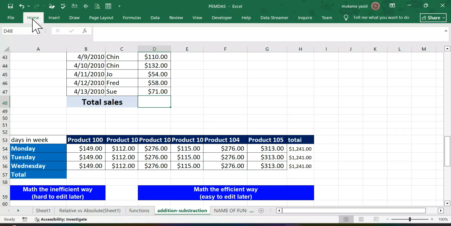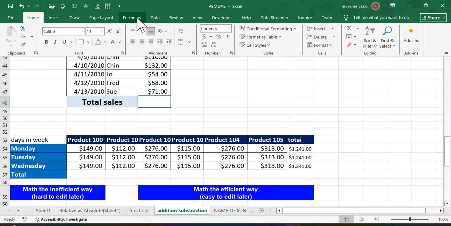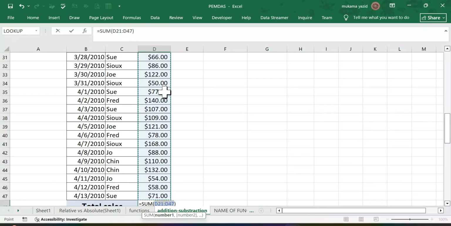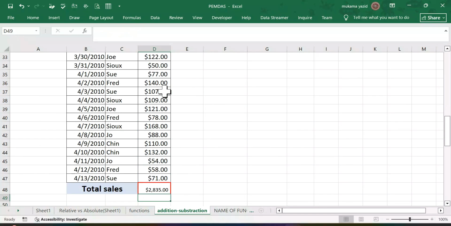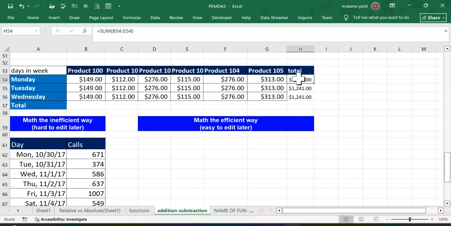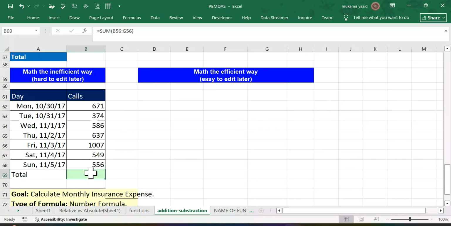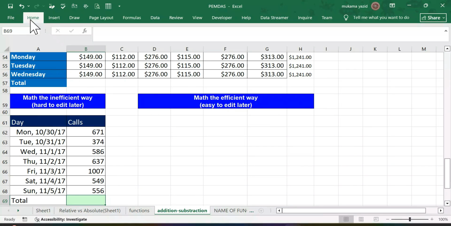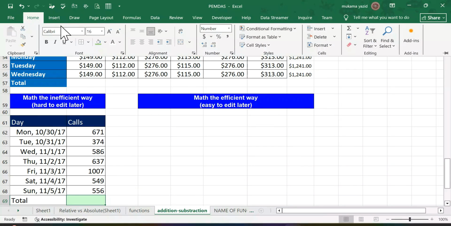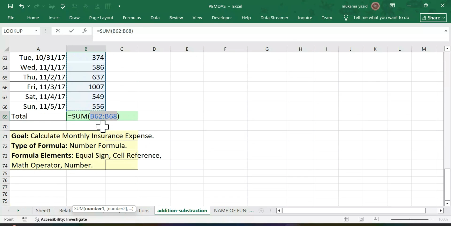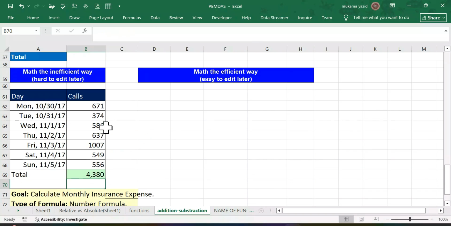Just come here, auto sum, it will select the correct choice, then press enter. The answer will be there. Here I think the same thing, you can use sum to get the answer because they wanted the total. Auto sum can save time for you, and just press enter for the answer.